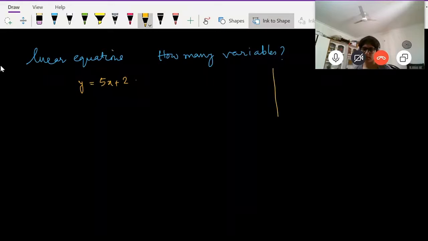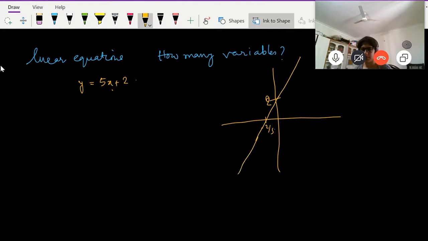So if I plot this, I will put x equal to 0, that means y becomes 2, and y equal to 0, that means x becomes minus 2 by 5. So it will be a straight line like this, right? Now, what else can you understand from this straight line curve?